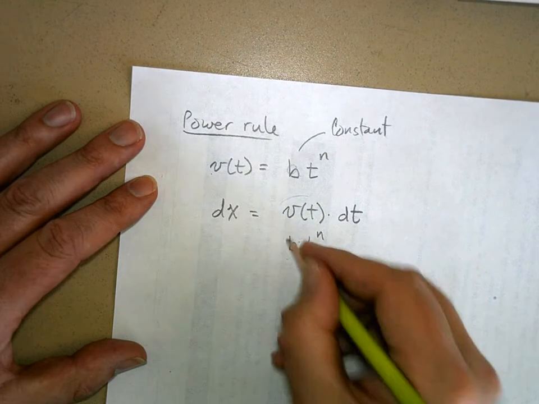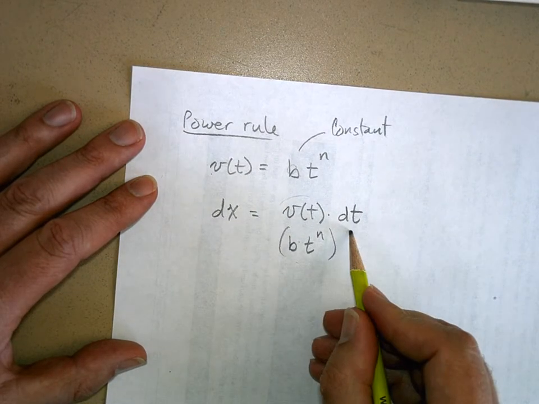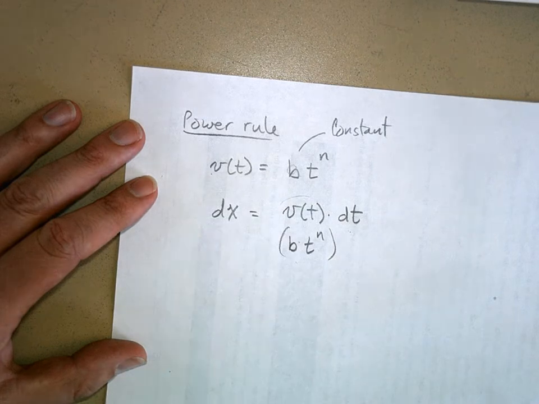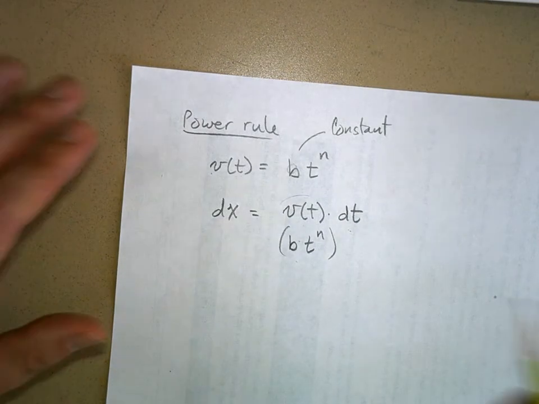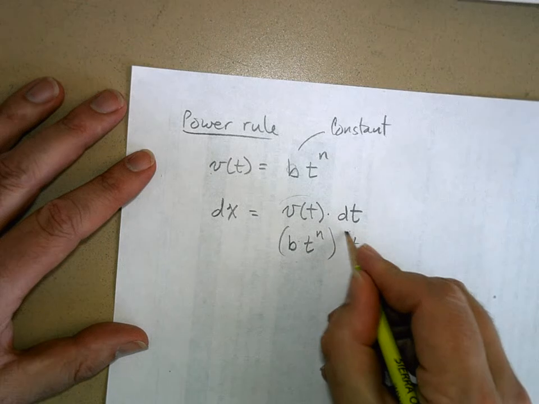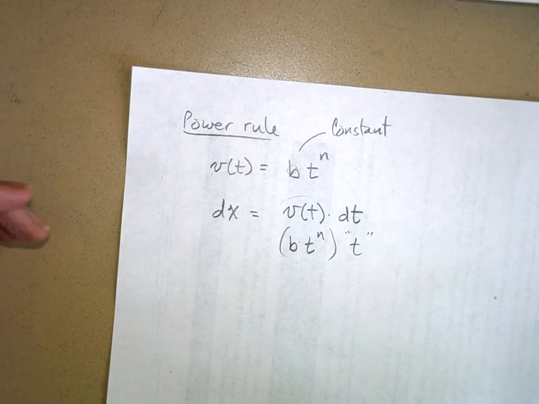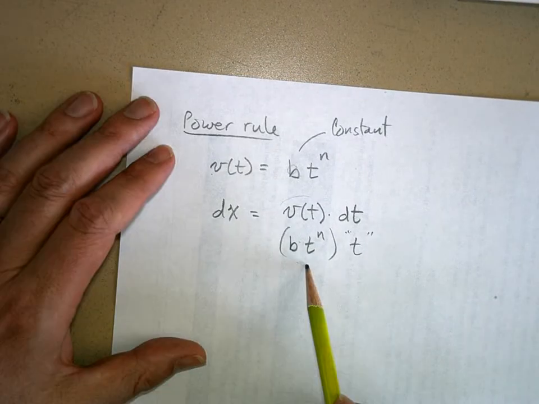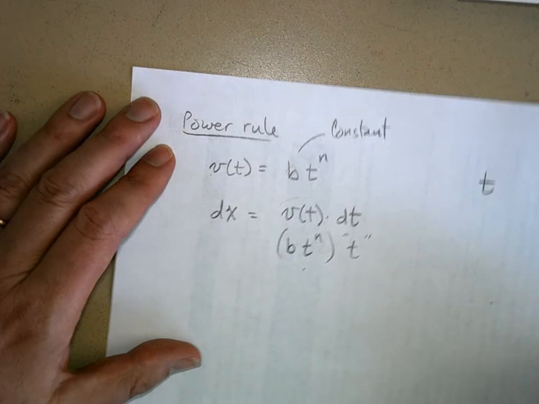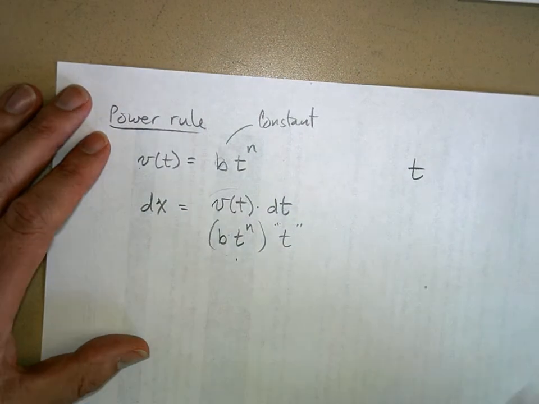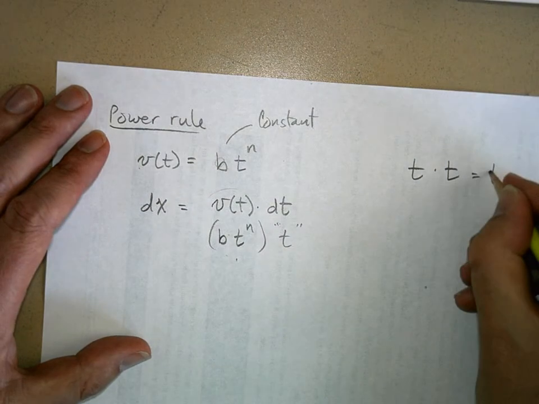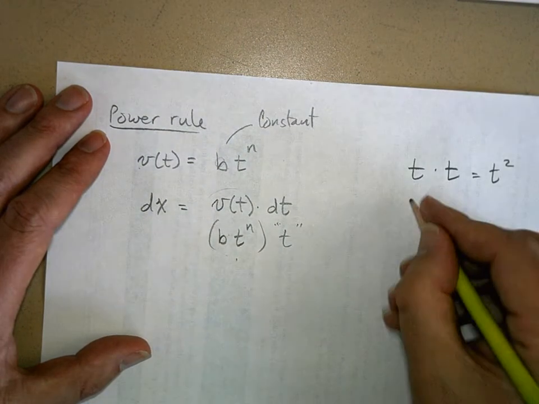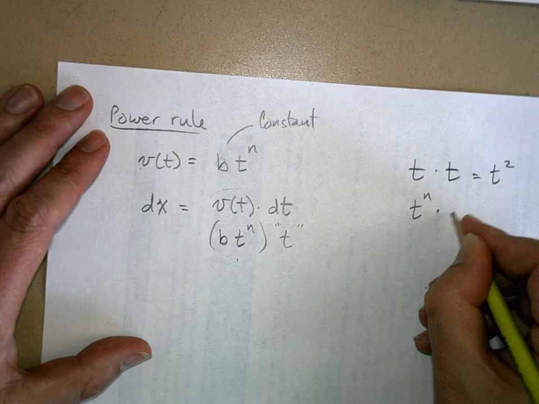Look what I'm doing here. I'm really multiplying it by time. Now, it's a little tiny chunk of time, but let's just look at the units. I'm multiplying it by time again. If I take time and then multiply it by time again, what is this? This is t squared, right? What if I have t to the n times time? What does that equal?